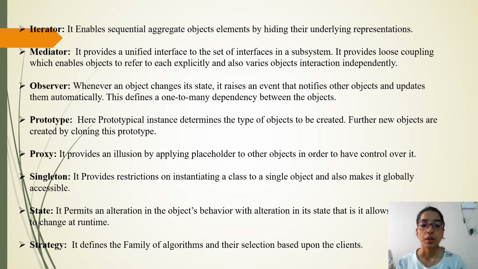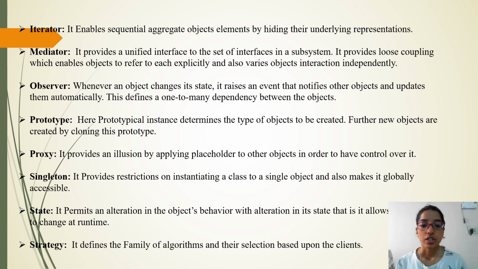Prototype. Here, a prototypical instance determines the type of objects to be created. Further, new objects are created by cloning this prototype. Proxy. It provides an illusion by applying a placeholder to other objects in order to have control over it. Singleton.